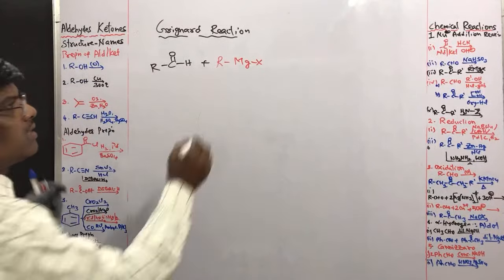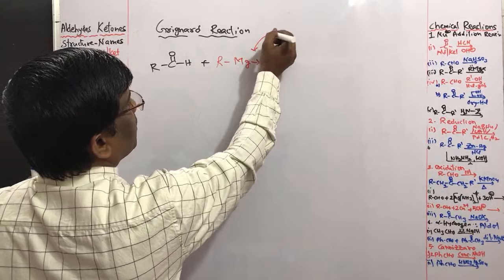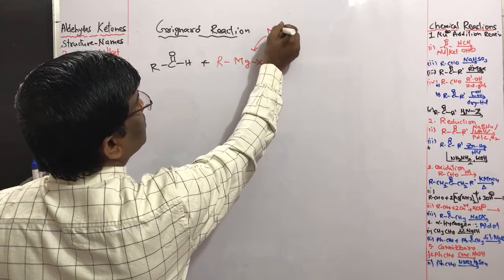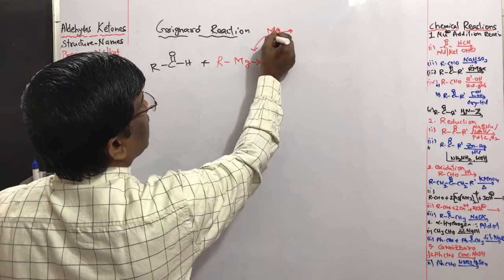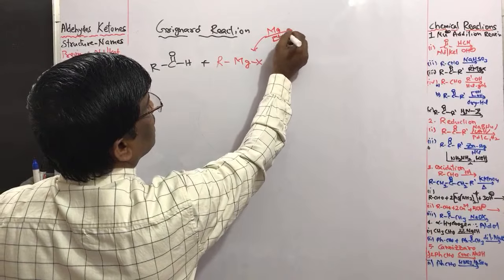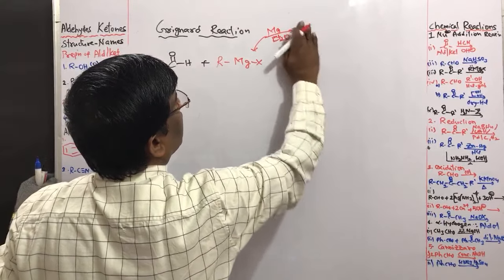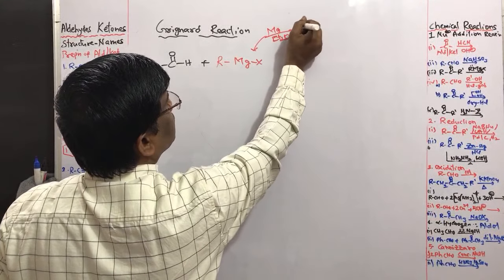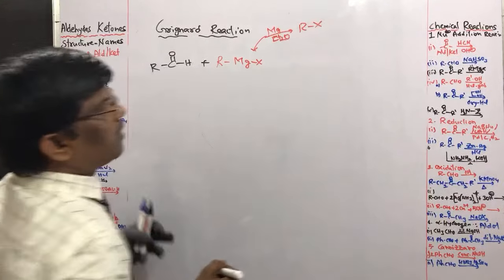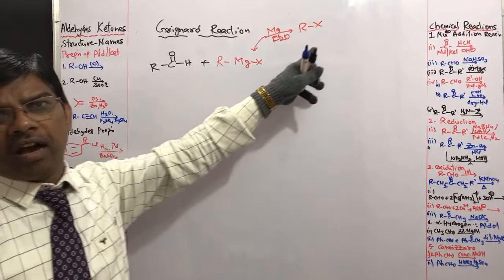How to prepare this? It can be prepared by adding magnesium in dry ether to the alkyl or aryl halide. Usually the halide is bromine or chlorine.